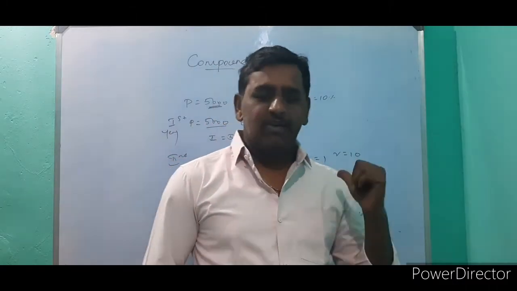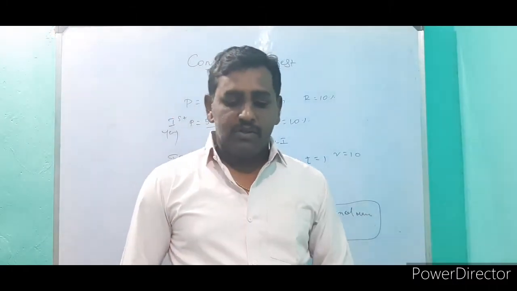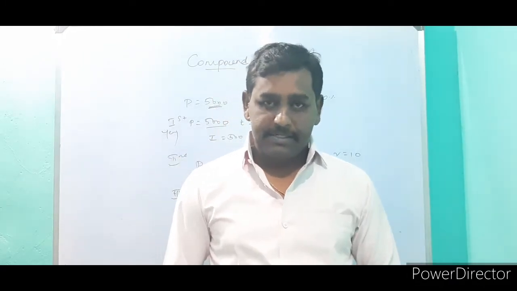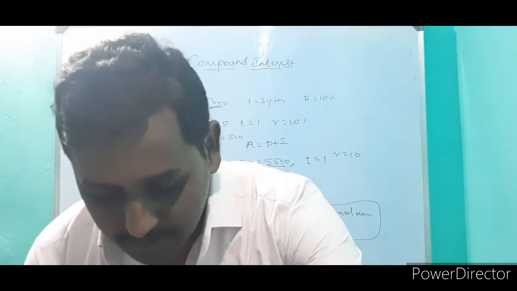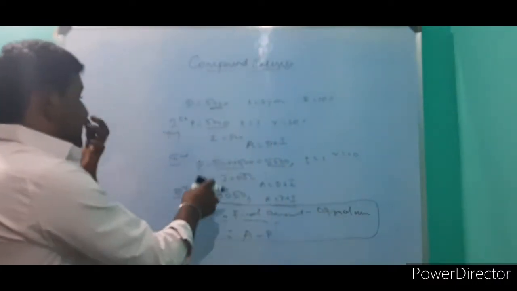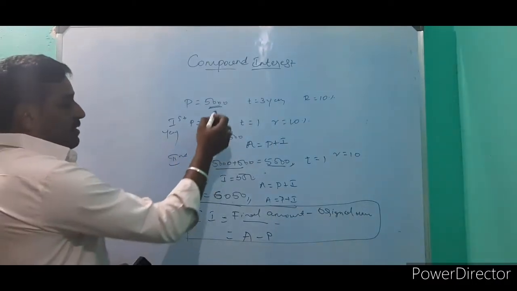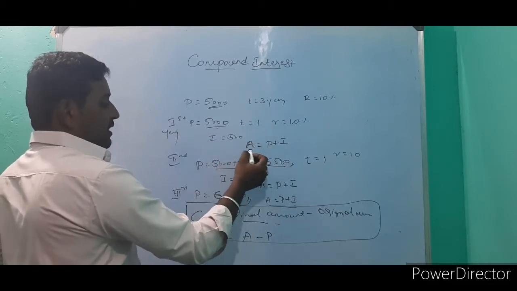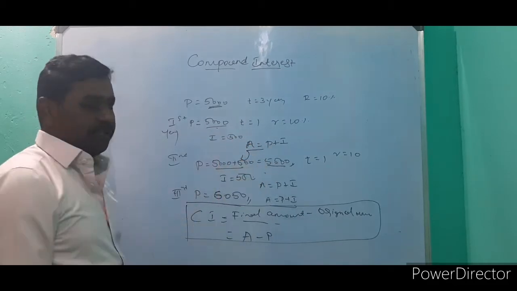So this is an example. While we solve the problems, you will automatically know how to find the compound interest. By using a formula also, you can find the compound interest. The direct method means first finding the interest, and then adding that amount to get the second year's principal.